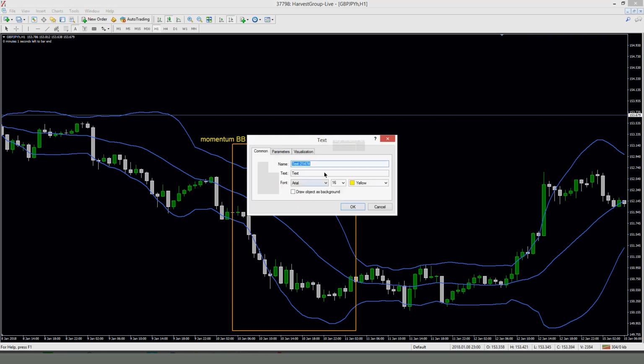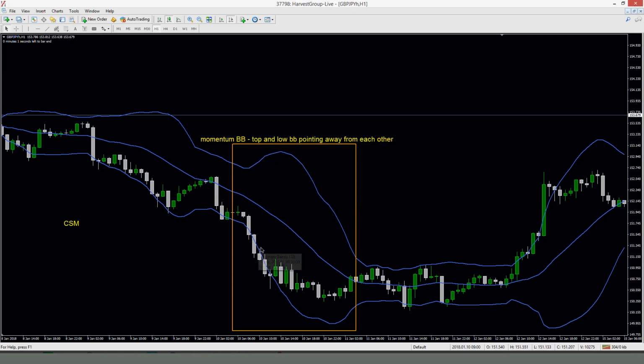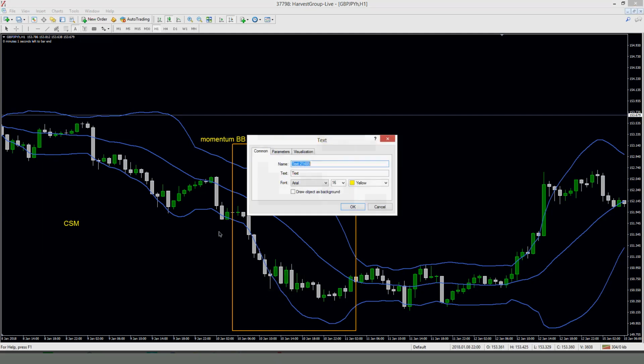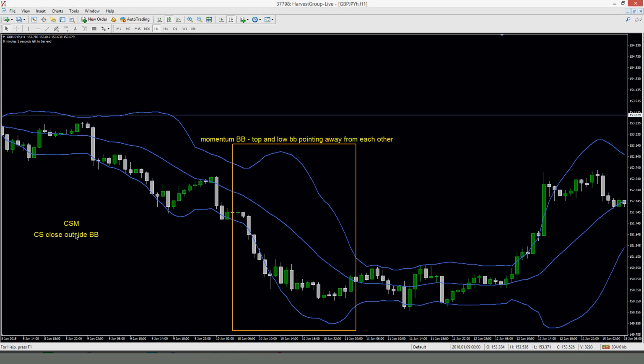This is what we call the CSM, the candlestick momentum. Its definition is a candle that closes outside of the Bollinger Band.